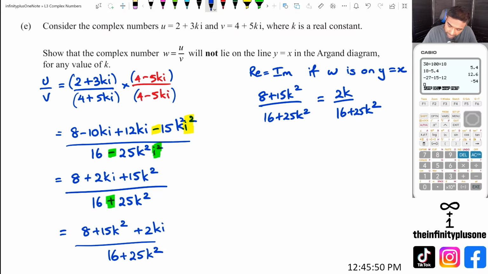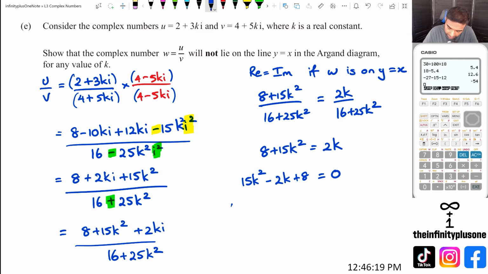Now both denominators are the same, so I can write this as 8 plus 15k squared equals 2k. And I could write it like this: 15k squared minus 2k plus 8 equals 0. Now from this point, what I want to know is, can I actually have a value for k where this would work out? Because that's going to tell me whether this is possible or not.